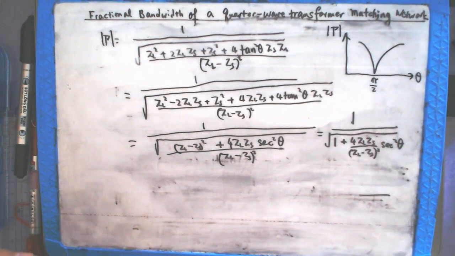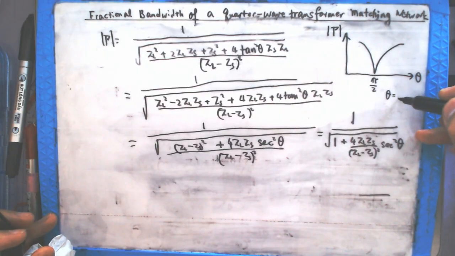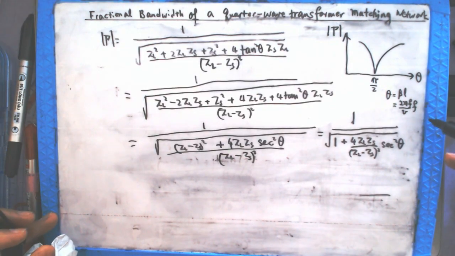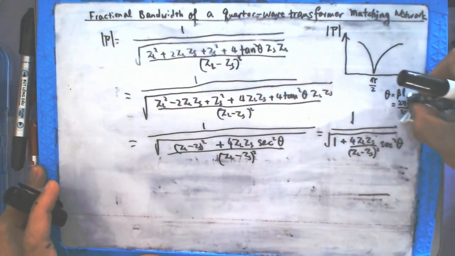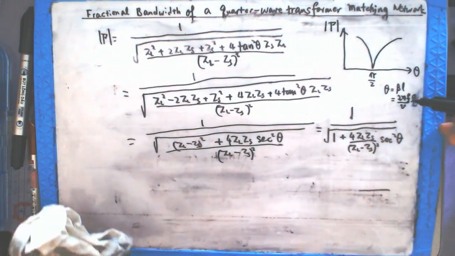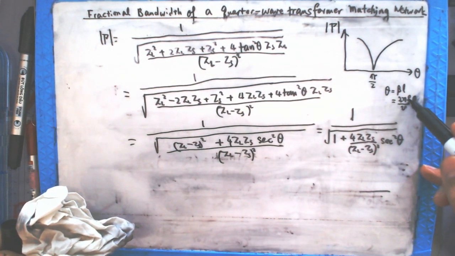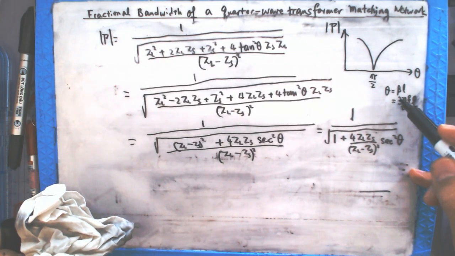And you can also translate this into frequency. Remember, beta is equal to beta L, and beta L is 2 pi f, and then velocity, and then L. L doesn't change, velocity doesn't change, pi doesn't change, 2 doesn't change.